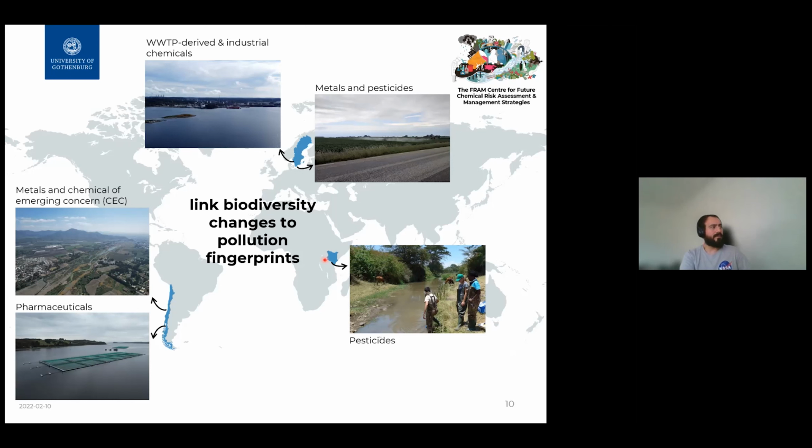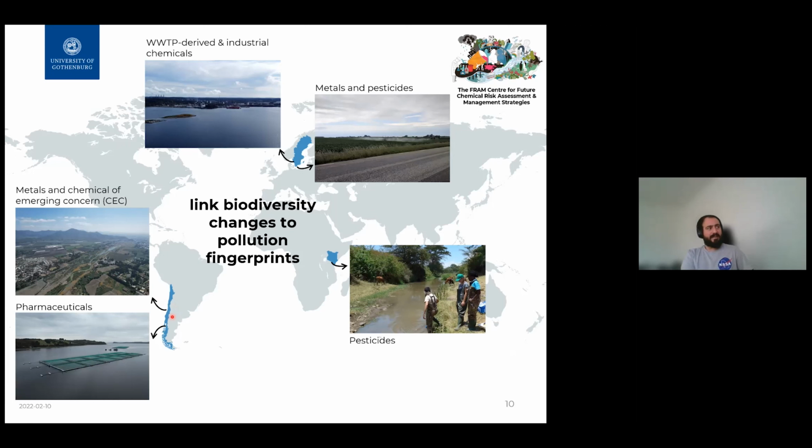And last but not least is our case study in Chile, where we have one case study in the central area of the country. It's a freshwater study where we are again characterizing environmental DNA from a system featuring a high level of mining activity, one of the largest mining operations of the country, and also really intensive agriculture areas.